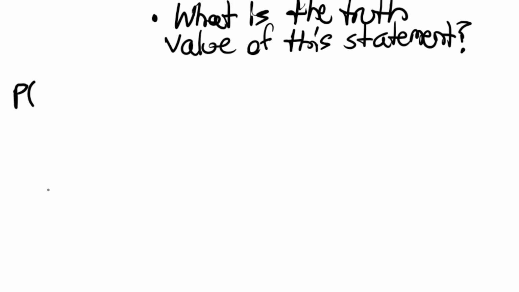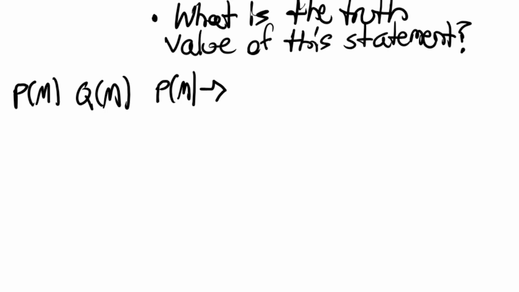So we have our two statements, P of M, Q of M. And remember, a biconditional consists of an implication and its converse. So we'll have to look at the truth values of P of M and Q of M.